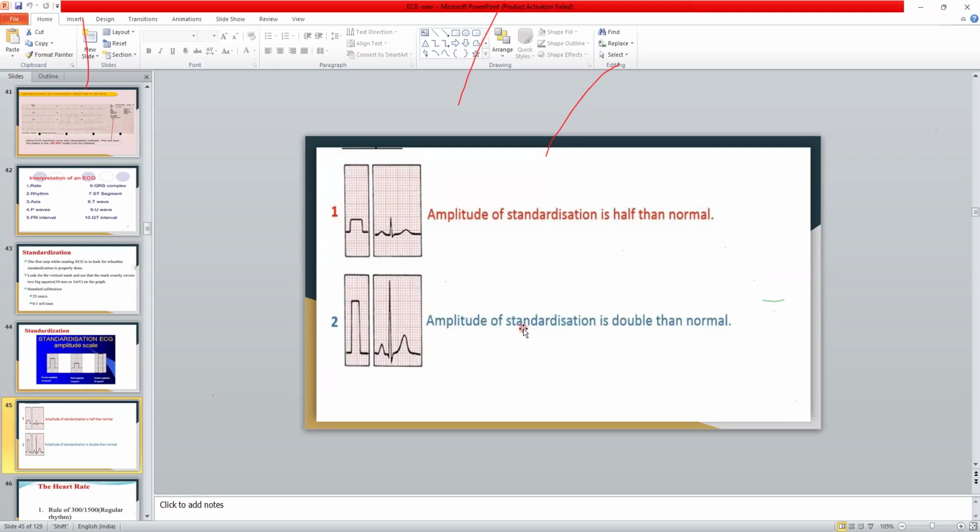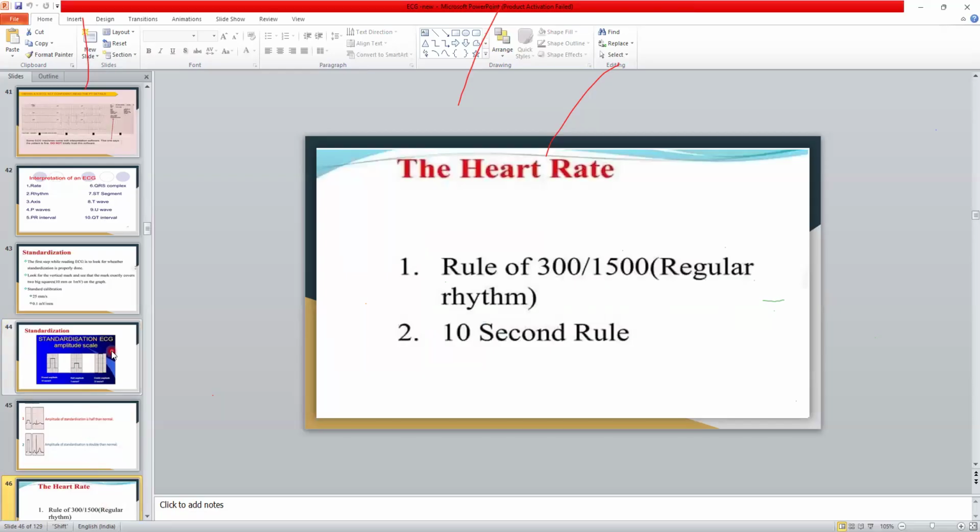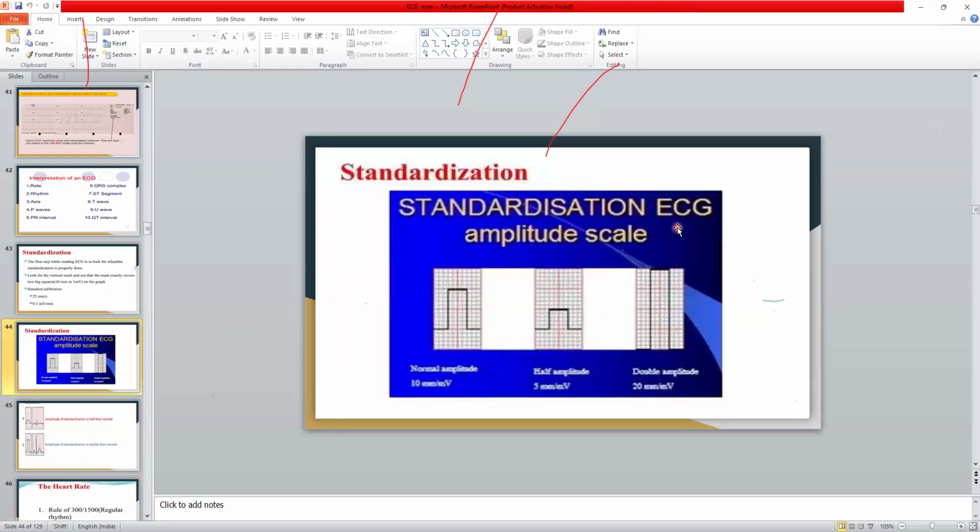What will happen when the amplitude of the standardization is double the normal? Again the PQRST complexes will become larger, and it will give you abnormal values. So always the standardization of the ECG paper, that is the amplitude scale, should be normal amplitude, that is 2 large squares or 2 big squares.